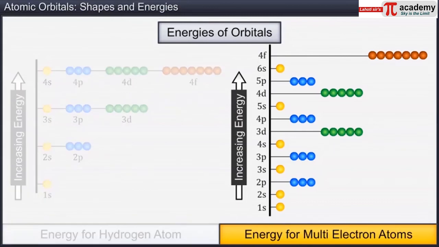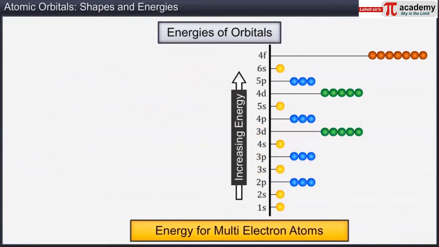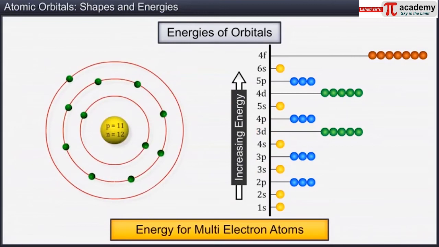Now, let us understand why in case of a multi-electron atom, the different orbitals of a given principal shell possess different energies, in contrast to the hydrogen atom. In a multi-electron atom, the different energies of different orbitals of a given principal shell are attributed to the inter-electronic repulsions among the electrons present.